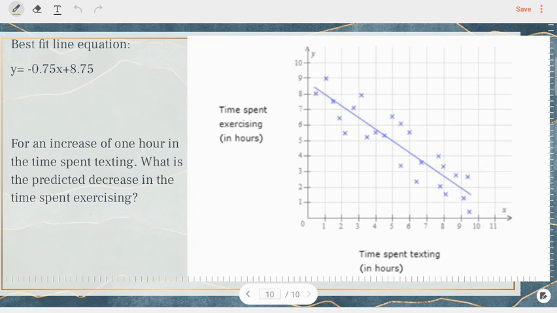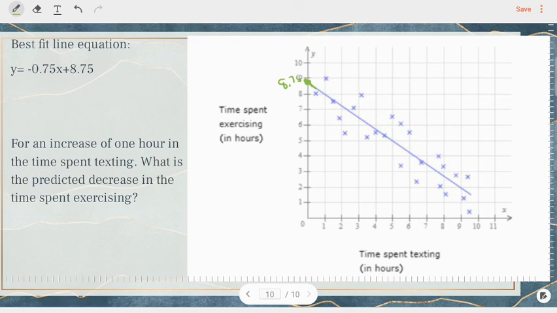So let's answer one last question. For an increase of 1 hour in time spent texting, what is the predicted decrease in the time spent exercising? Now, we kind of already answered this, but I want to bring attention back to it. Remember my y-intercept, I started at 8.75.